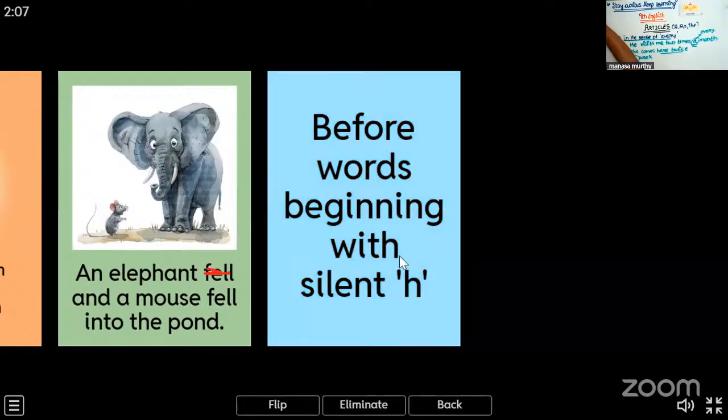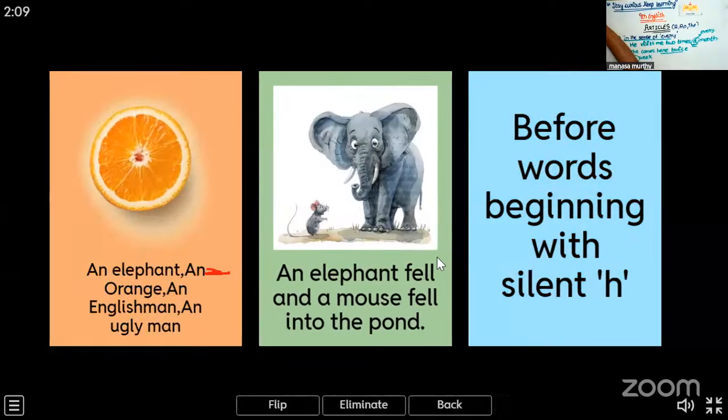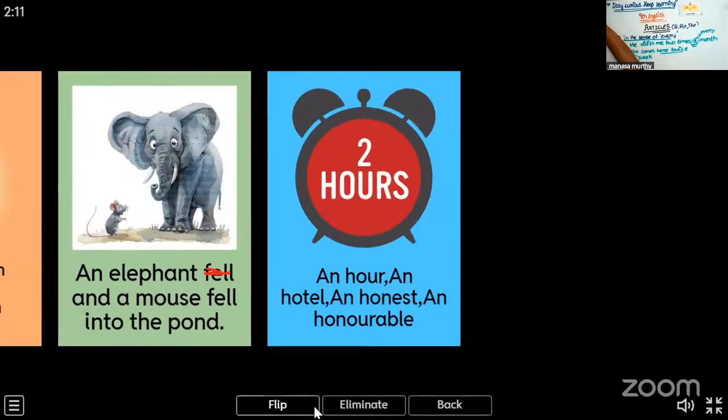Before the words beginning with silent H. Silent H as in hour. It takes me an hour to reach the school. We went to an hotel. He is an honest boy. An honorable chief minister. An honorable minister. Honorable.